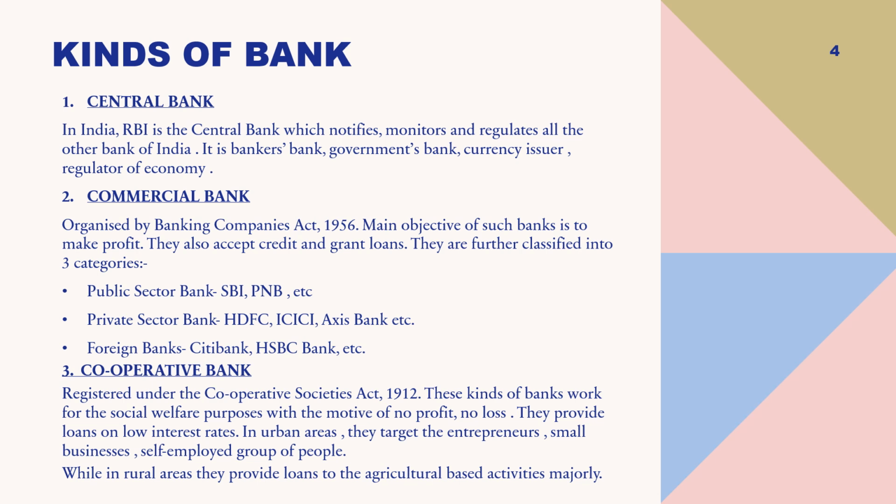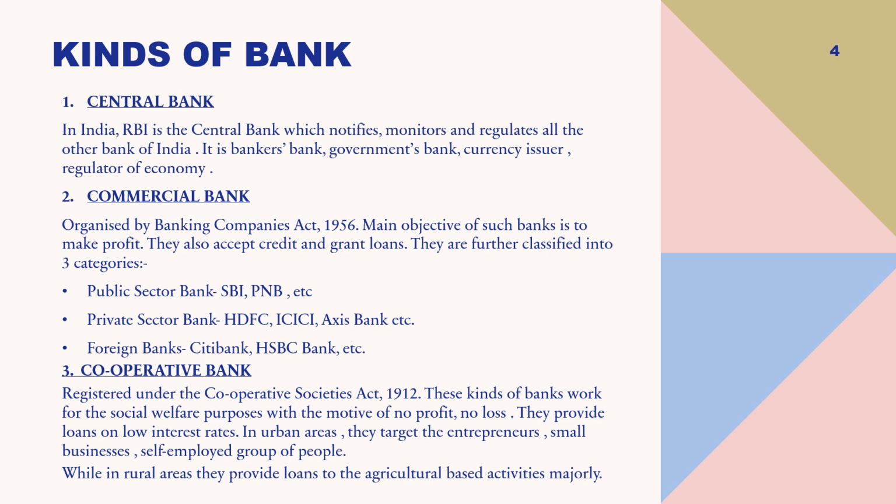Next is the commercial bank. Commercial banks are organized by the Banking Companies Act 1956. The main objective of such banks is to make profit. They are doing a kind of business when they are functioning in the bank system, and their agenda is to make profit.